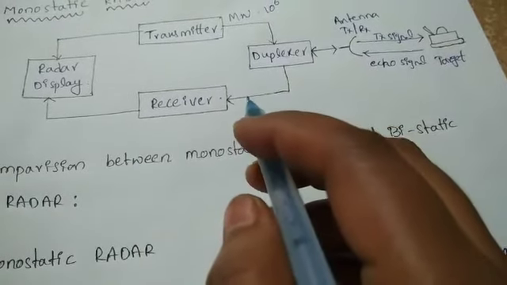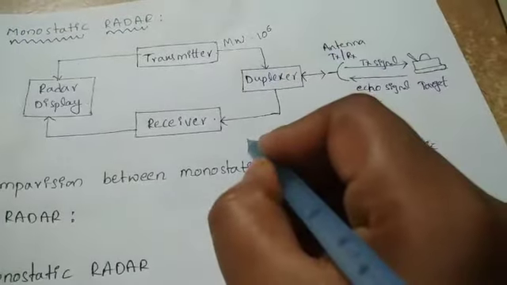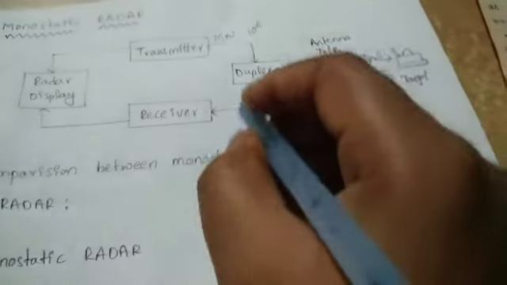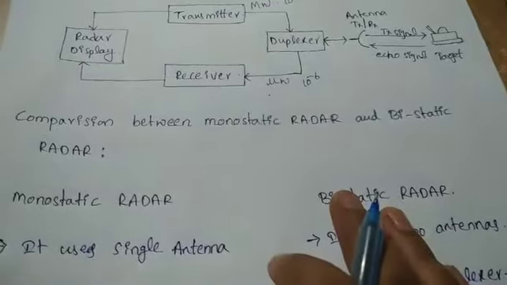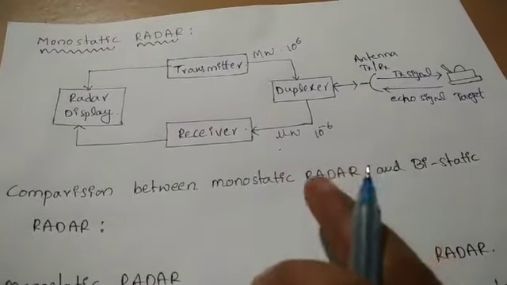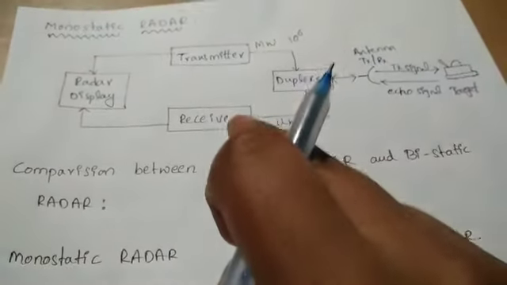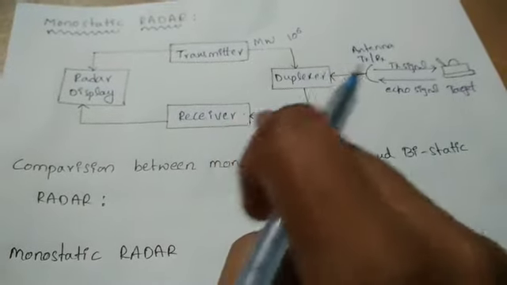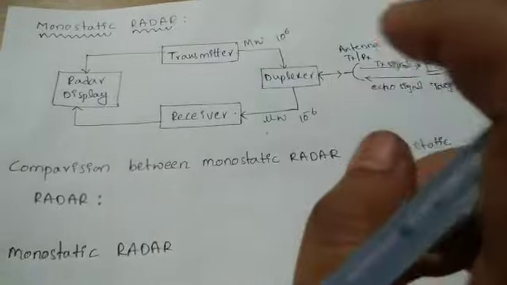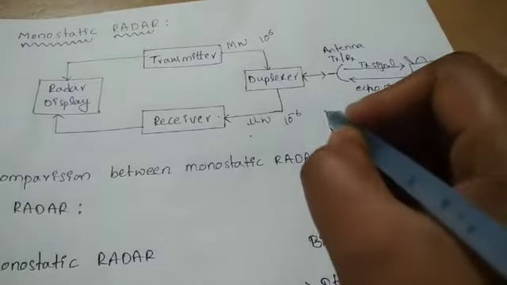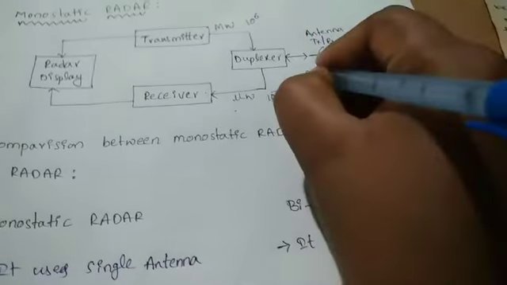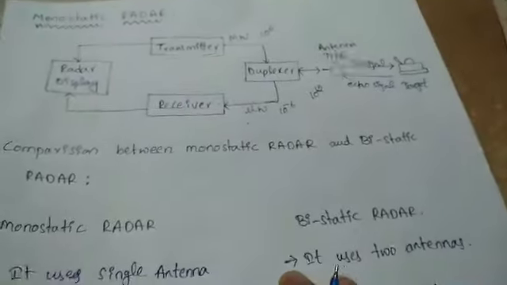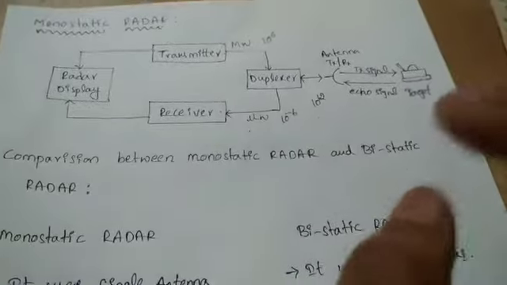So the power level difference between the transmitter and receiver circuit is 10 power 12.